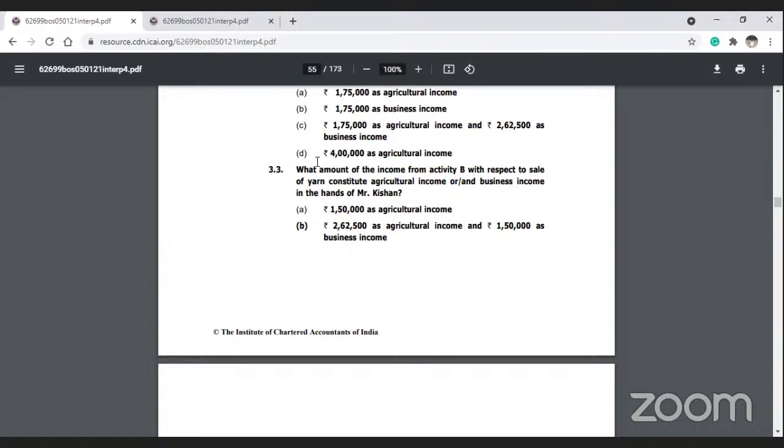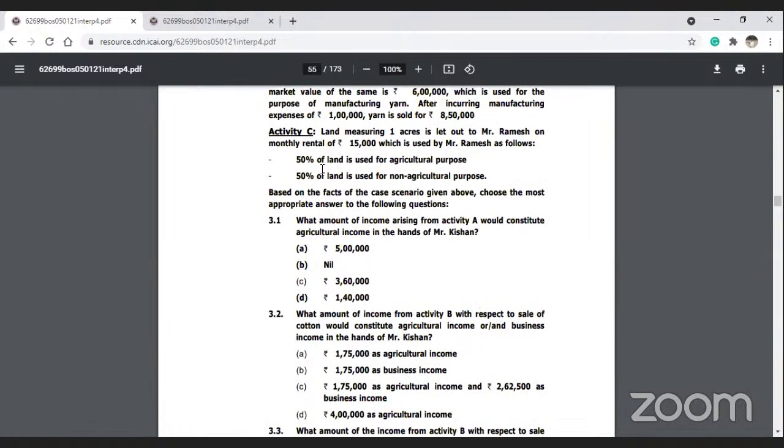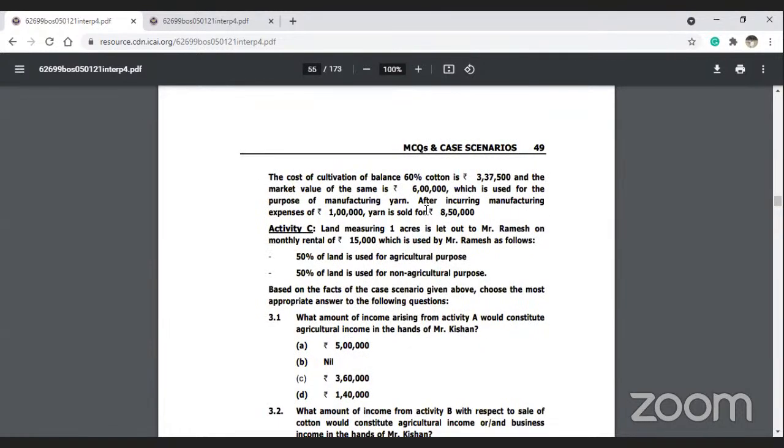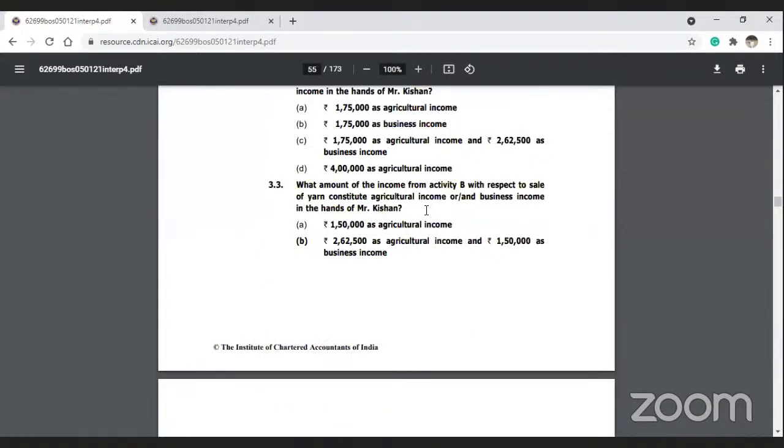What amount of the income from activity B with respect to sale of yarn constitutes agricultural income or business income in hands of Mr. Kishan? From the sale of yarn, now they are asking. Option B: 2,62,500 is your agricultural and 1,50,000 as business. How 2,62,500?